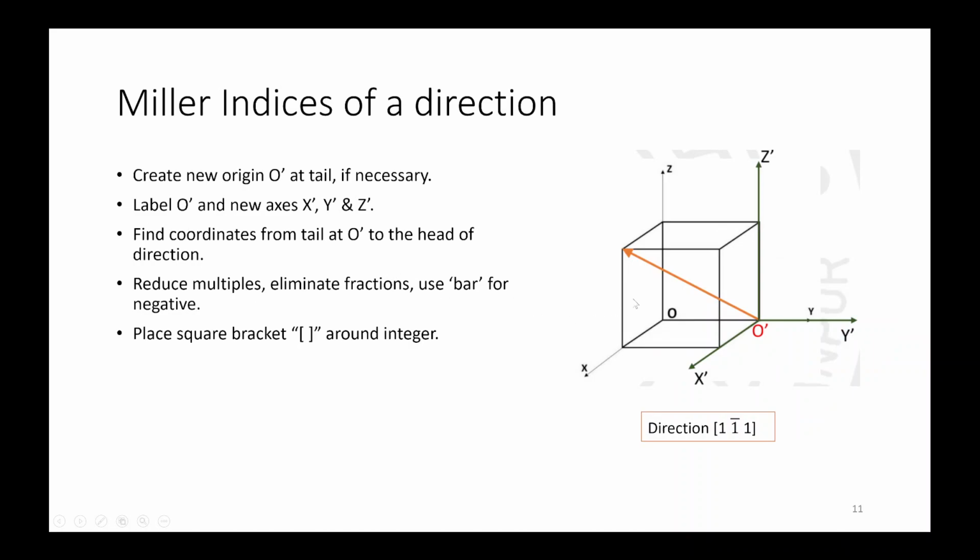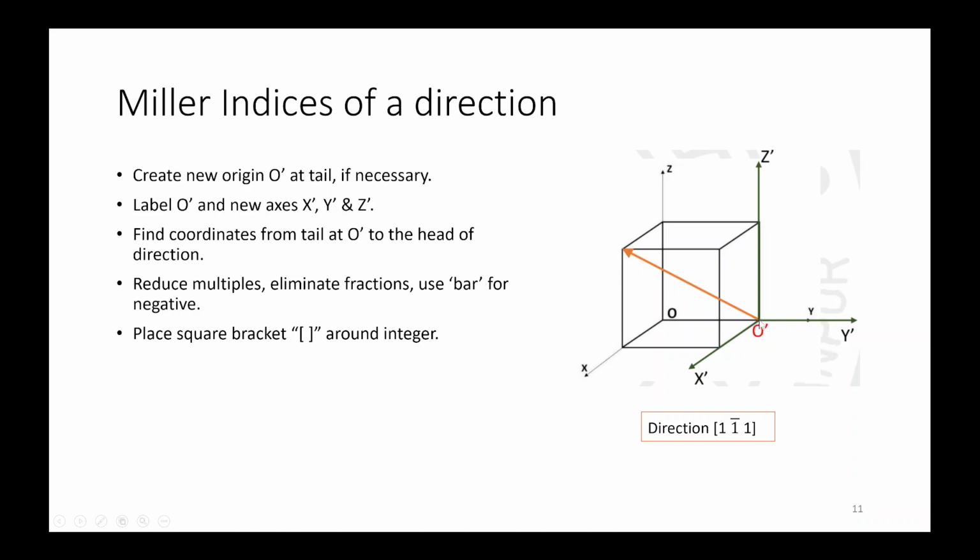In case of direction, you can create a new origin as well. So in this case you can shift the origin, and according to that you can give new designations to the new directions, x dash, y dash, z dash. Here you have to find out how you are reaching the end point from the start point.